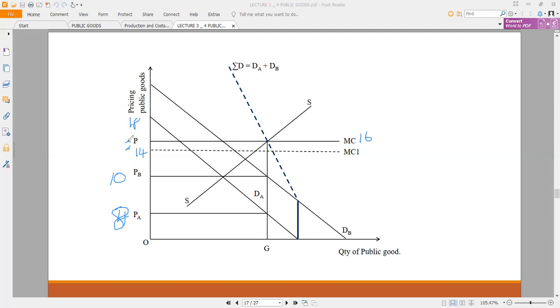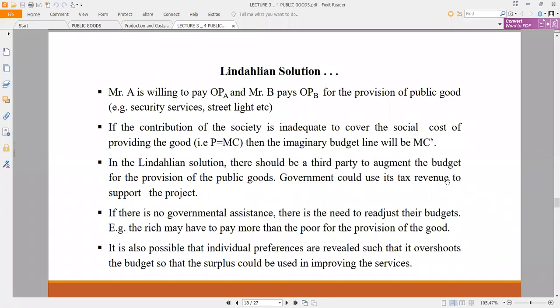Okay, so this is how we use the Lindahl prices to get the optimum quantity of a public good. All right, so this is the explanation that I was giving.